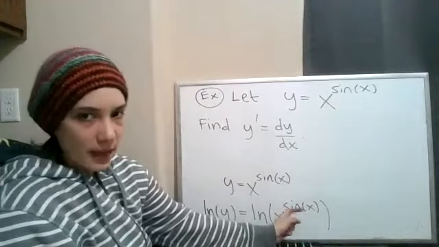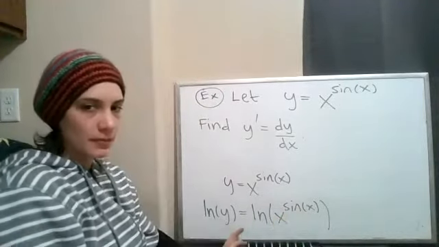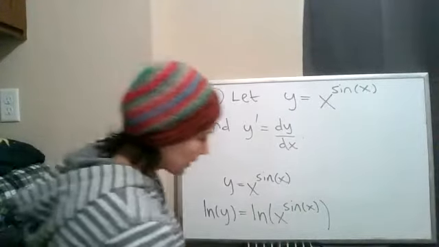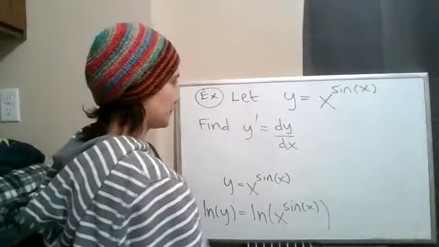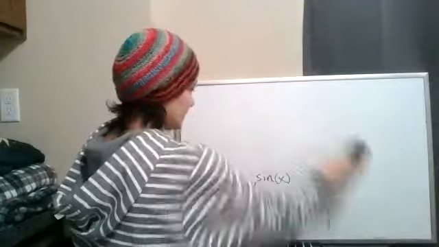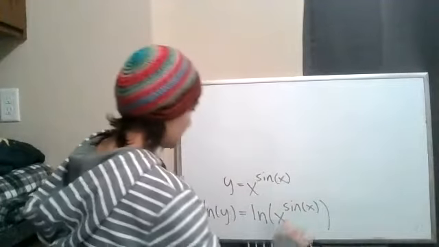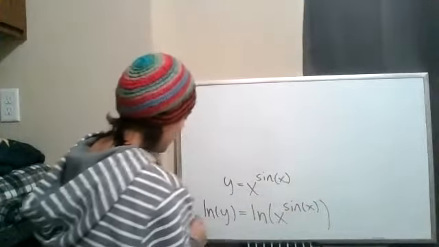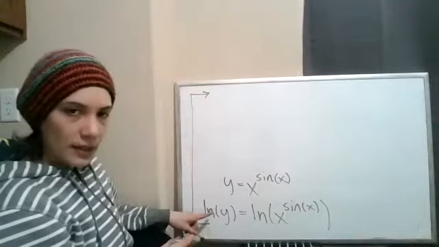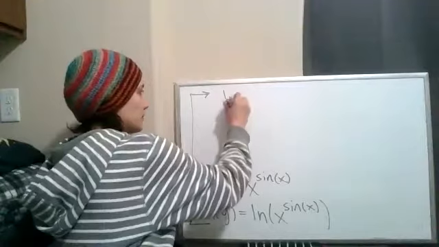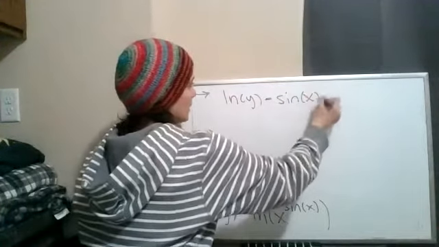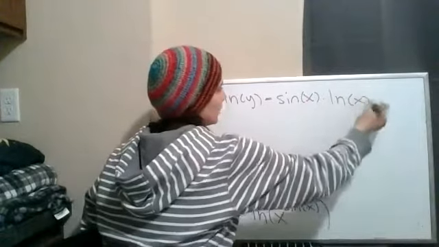That lets us bring that sine of x and multiply it with ln of x. Okay. ln of y is equal to sine x ln of x.